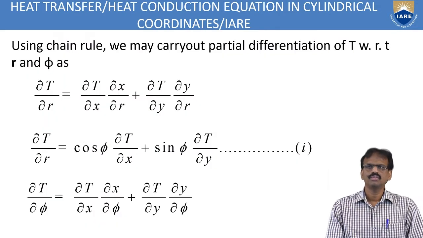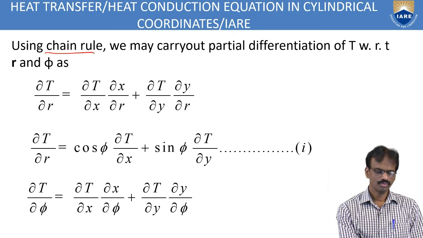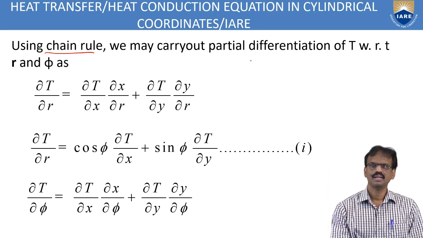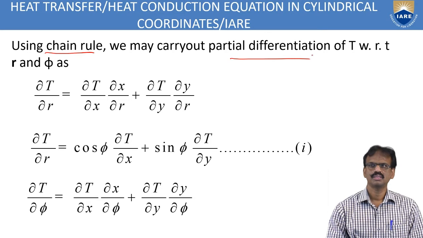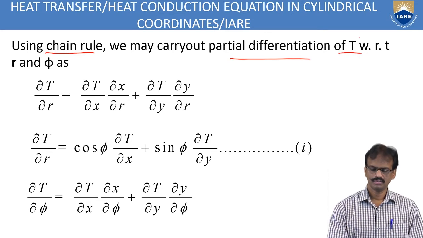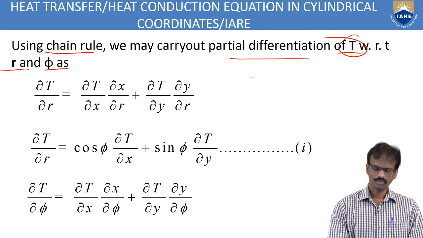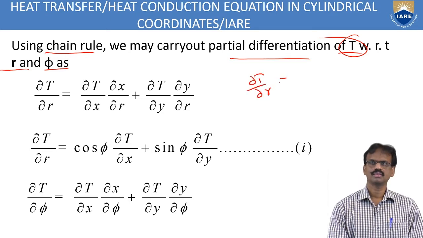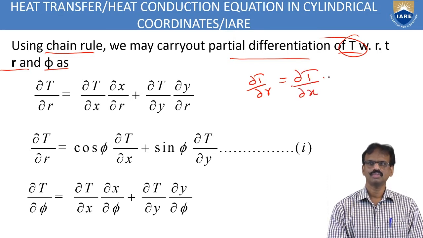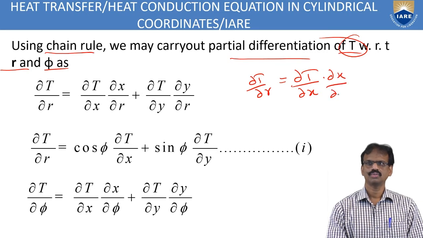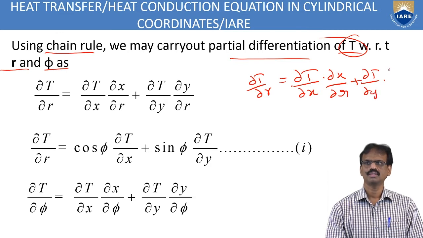You know the chain rule, so we carry out the partial differentiation of T with respect to r and phi. You know that dou T by dou r is equal to, by the chain rule, dou T by dou x into dou x by dou r, plus dou T by dou y into dou y by dou r.